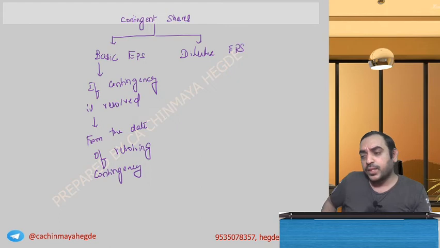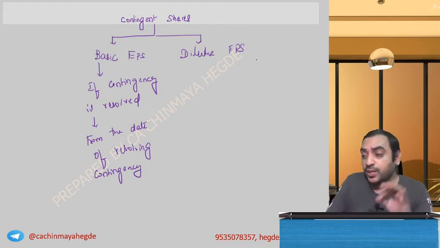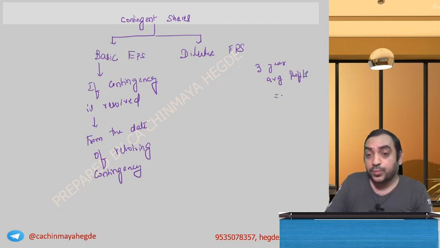For example, let's say the shares are issuable provided the 3 years' average profit happens to be 1 lakh. First year you made a profit of 20,000. Not satisfied. Second year you made a profit of 1 lakh 70,000.